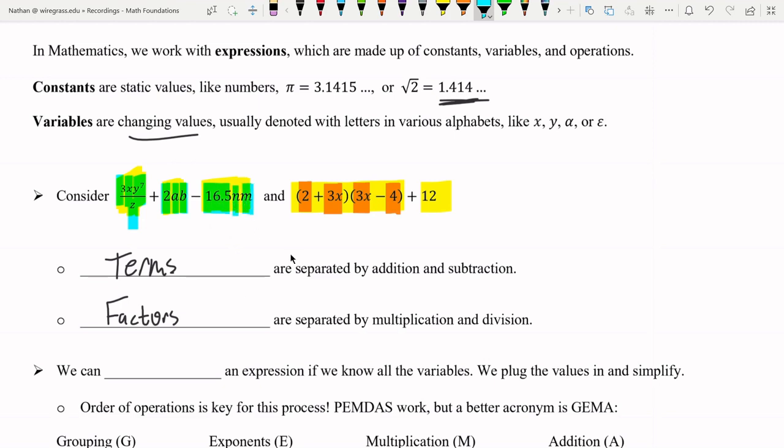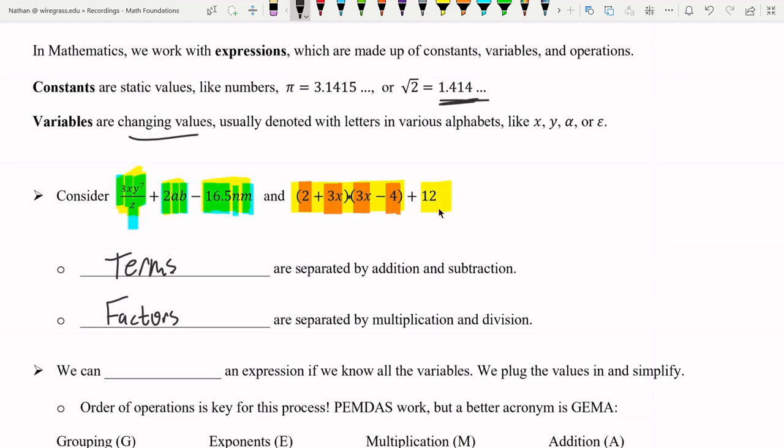Those are all factors. And of course, for this one, we have this is a factor, and this is a factor, because within this term, we have two things multiplying. So it's going to be this entire portion in parentheses, and this entire one here.